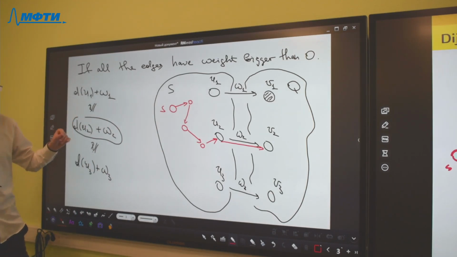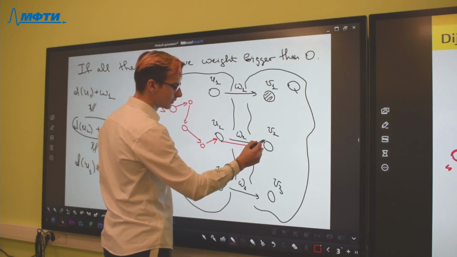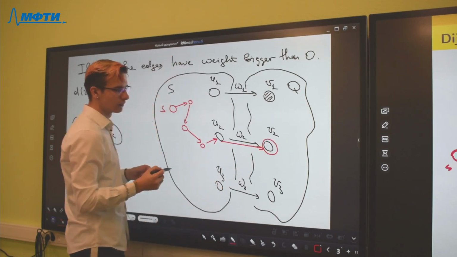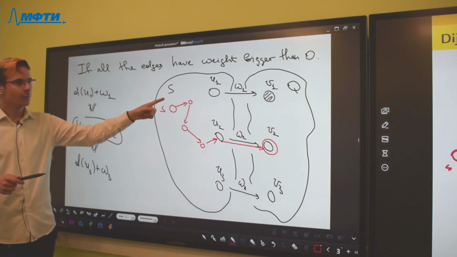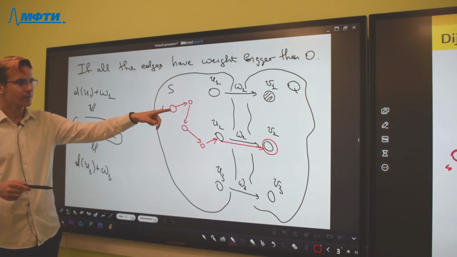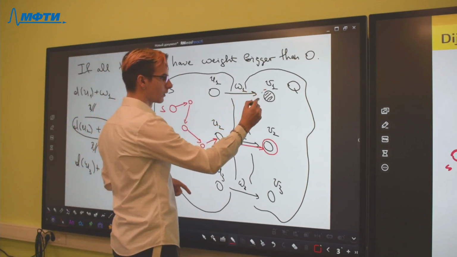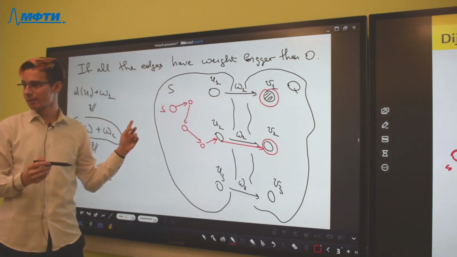Then we say that the distance between this vertex and S will be bigger than the distance between this vertex and S.